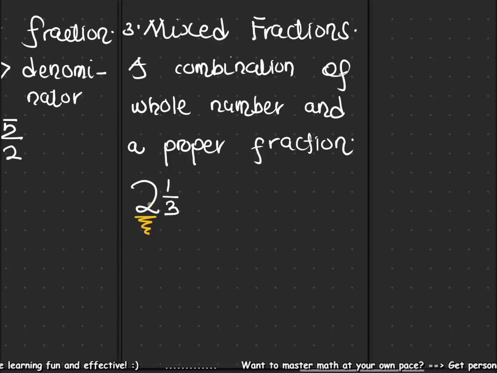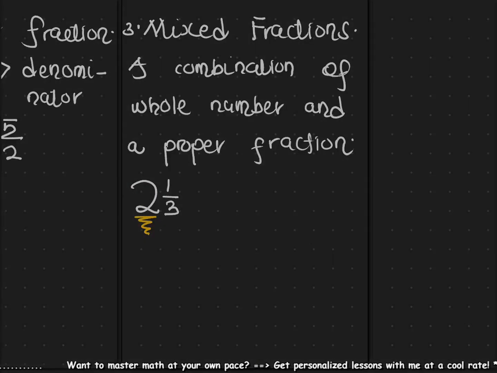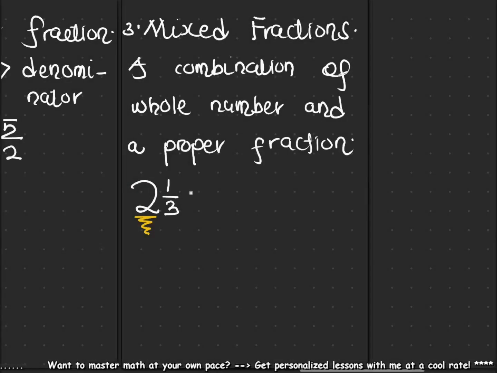So these are examples of what? Mixed fractions. Some books call it the mixed numbers, but let's stick to mixed fractions. Mixed fractions, they are a combination of whole numbers and what? Proper fractions. So you can take any proper fraction at all, write a whole number attached to it, and it becomes a mixed fraction.